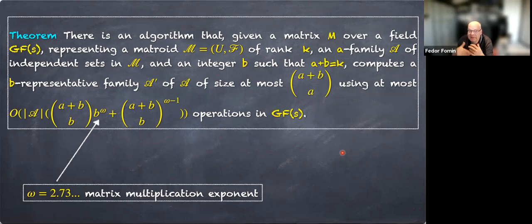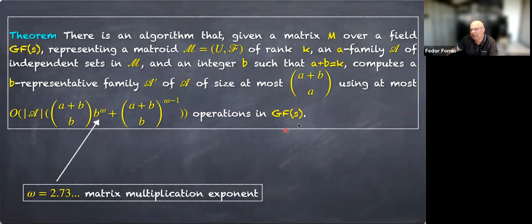And then the running time of the algorithm is roughly the size of the family A times a plus b choose b, times b to the power omega, where omega is the matrix multiplication constant, plus a plus b choose b to the power omega minus 1.